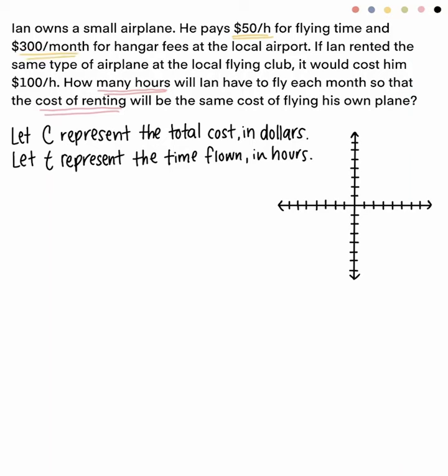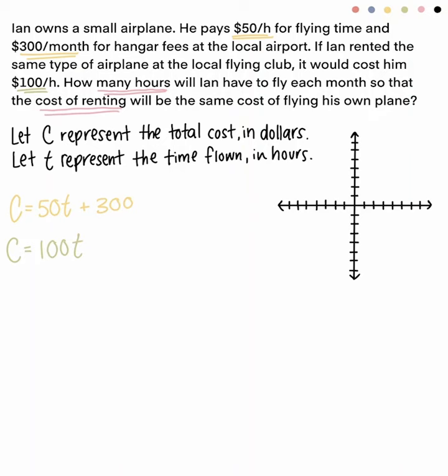So in option 1, Ian's cost, C, equals $50 an hour, and we have a variable to represent that, which is T. It costs him $50 an hour and $300 a month for option number 1. For option number 2, if Ian just rented the airplane, it's just going to cost him $100 an hour.